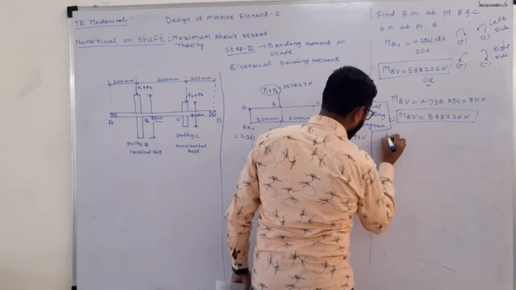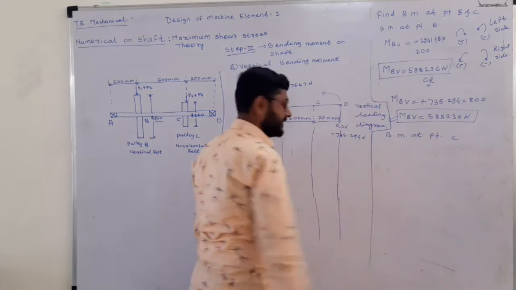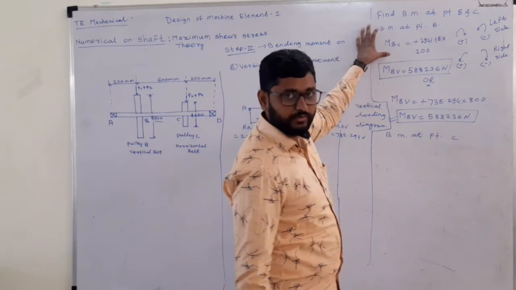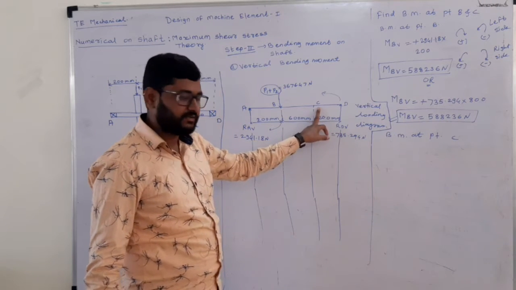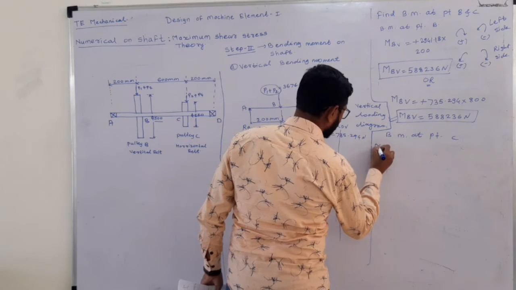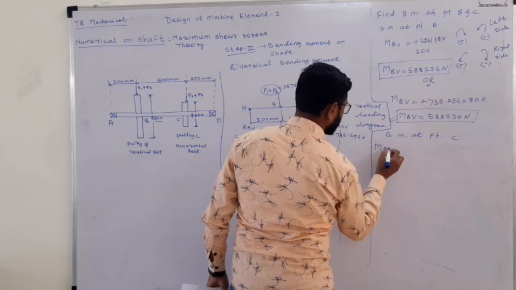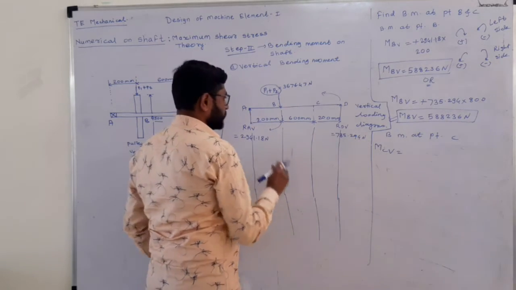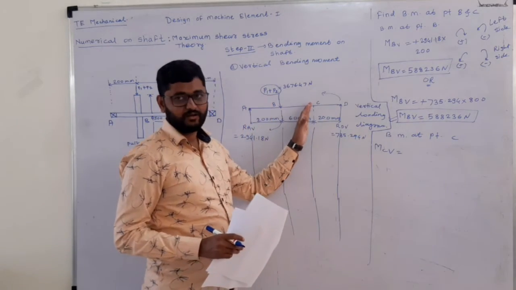Next, bending moment at point C. In the previous step, we calculated the bending moment at point B. Here again, consider point C and consider left side forces. So MCV is equal to, here on the left side of point C, two forces are acting.